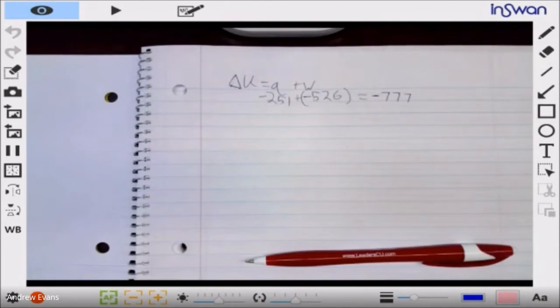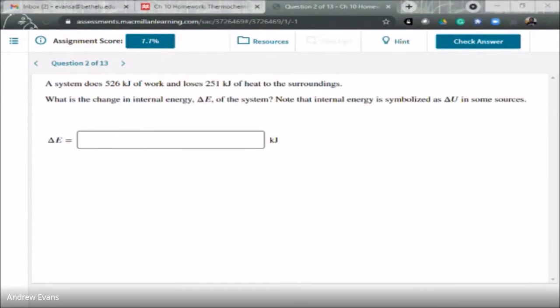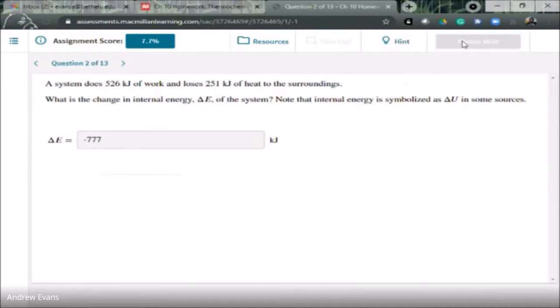So if I put one just like this on the test, don't look a gift horse in the mouth. All you have to do for something like this is to figure out the signs. The hard part is that I'm not going to necessarily just scream out negative, but the fact when it leaves the system and goes to the surroundings, it's negative. When it enters the system from the surroundings, it's positive.